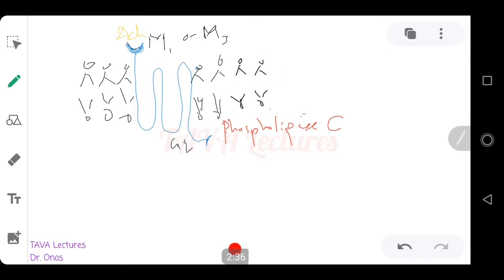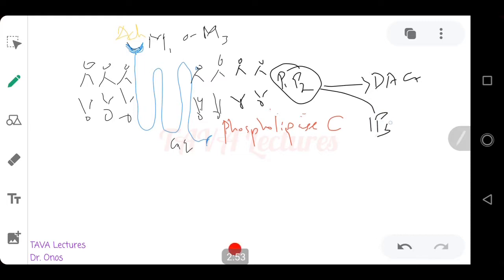The name of that molecule is PIP2. PIP2 stands for phosphatidylinositol bisphosphate. So this enzyme acts on this molecule and breaks it down into diacylglycerol, or DAG, and also IP3. IP3 stands for inositol triphosphate.